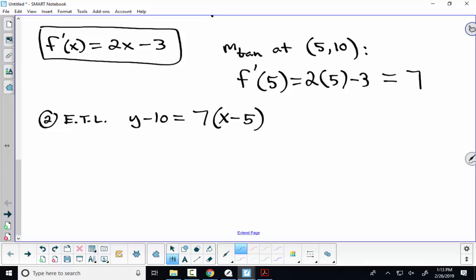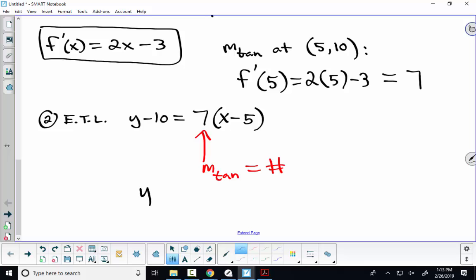It's worth pointing out again that as we move forward with our derivative rules, when we're asked to find the equation of the tangent line, the slope that you plug into point slope formula is always a number. You're never going to plug in a function. I see people wanting to plug in the derivative function here. That's not correct. The slope of any line is always a number. It's never a function.